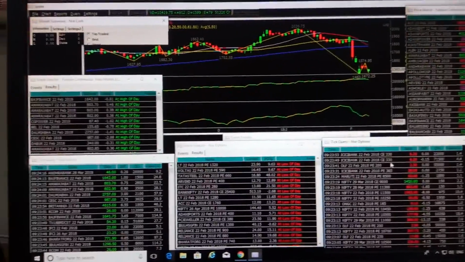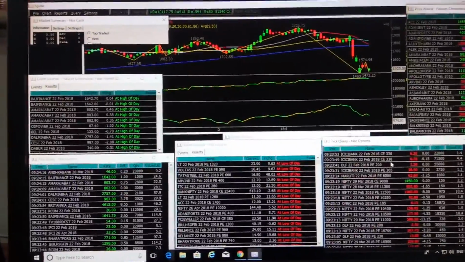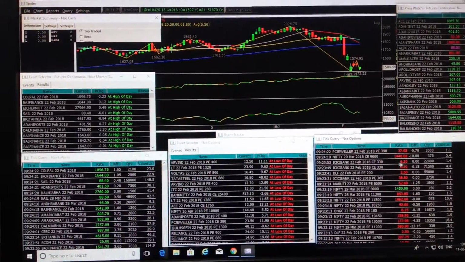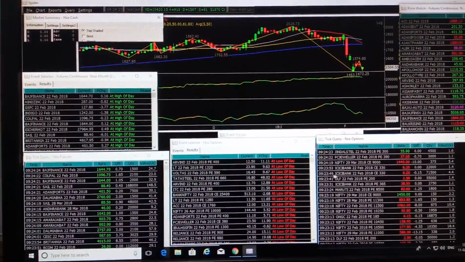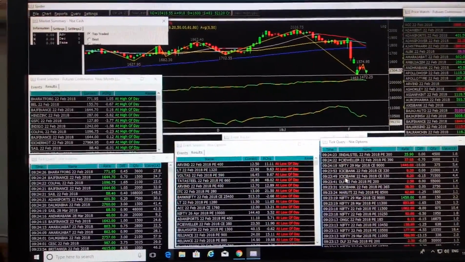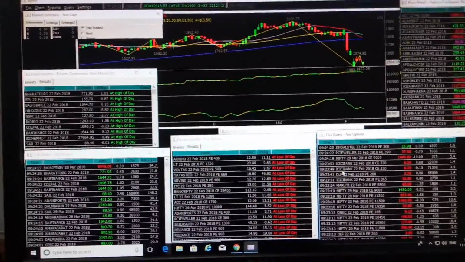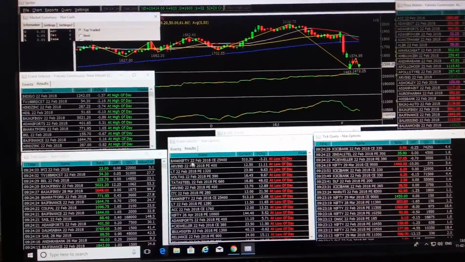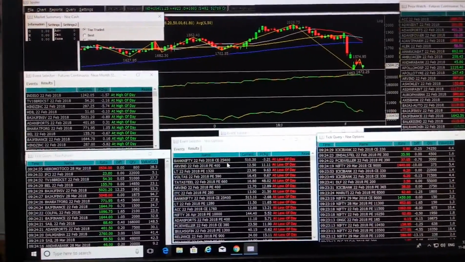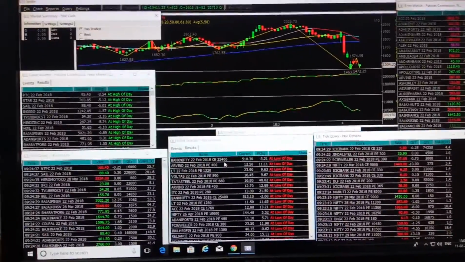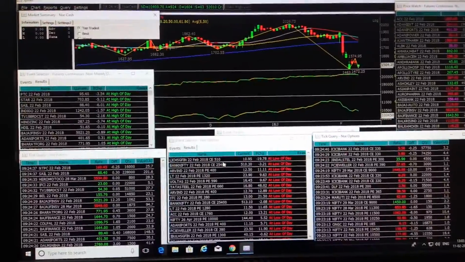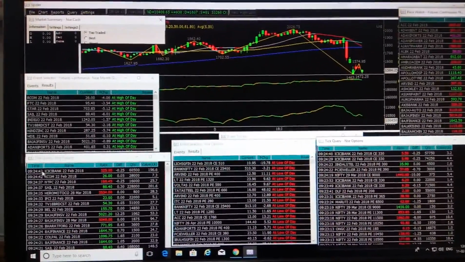So how do we understand this? Suppose ICICI call writing happened here at 9:20 am. It means the price of ICICI Bank is going to come down. So how do we get surety? See here in the event selector, Bank Nifty call options at day low, meaning Bank Nifty is at day low, and ICICI Bank call option is getting written.